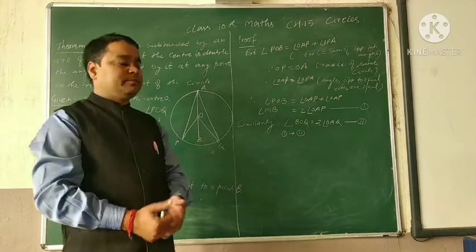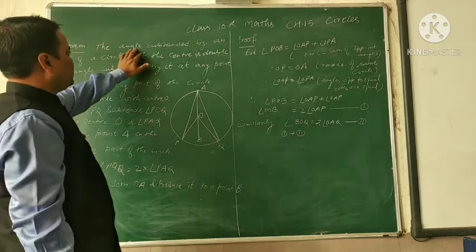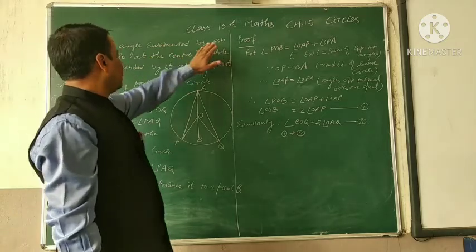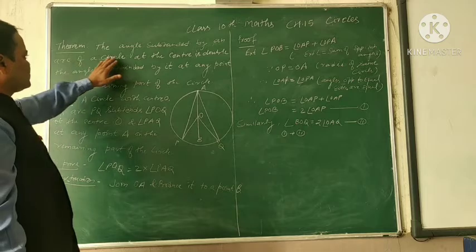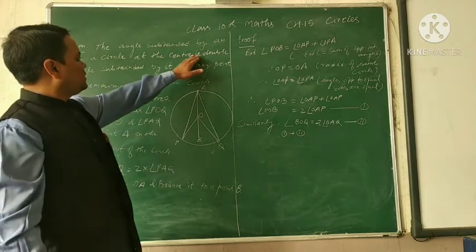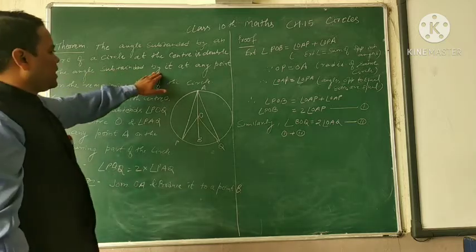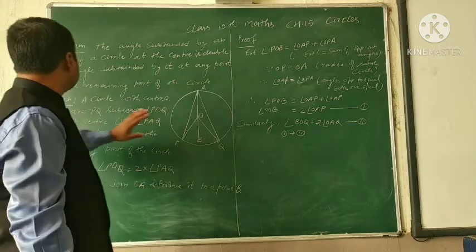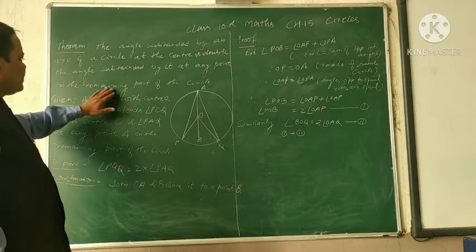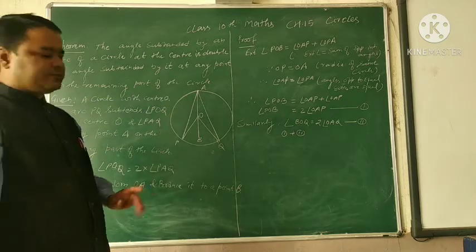According to this theorem, the angle subtended by an arc of a circle at the center is double the angle subtended by it at any point on the remaining part of the circle.